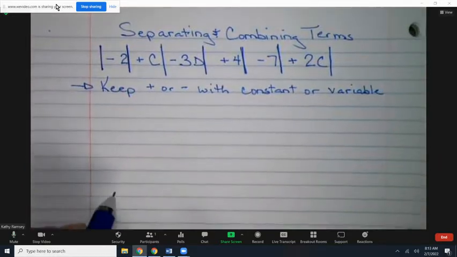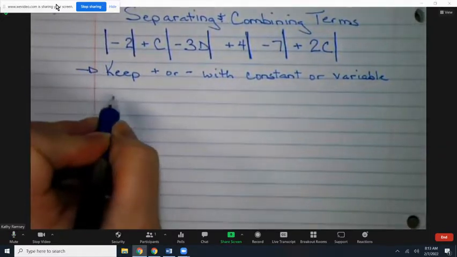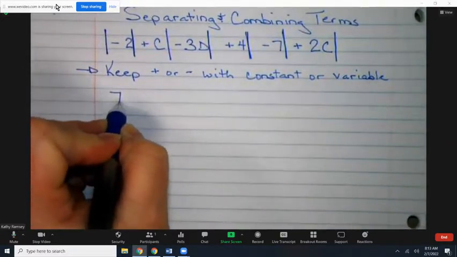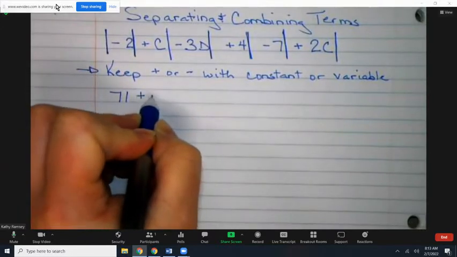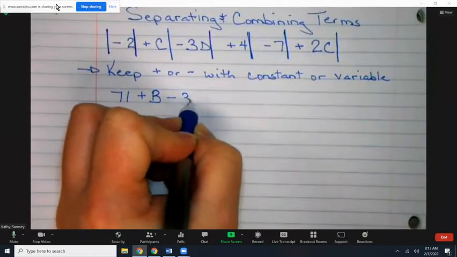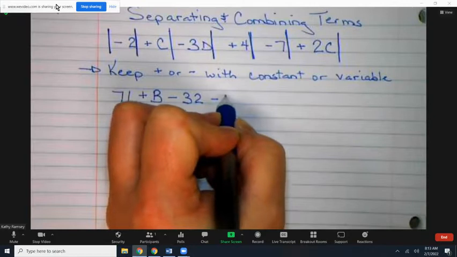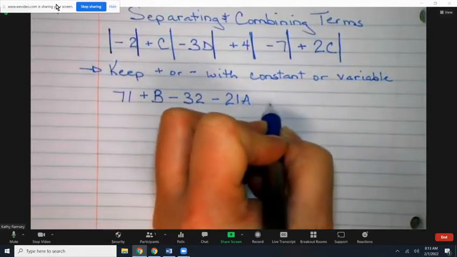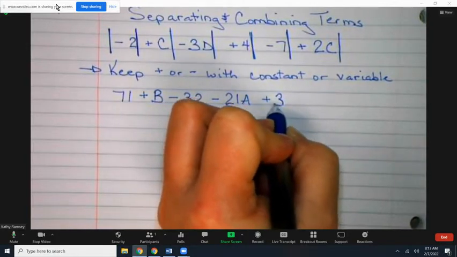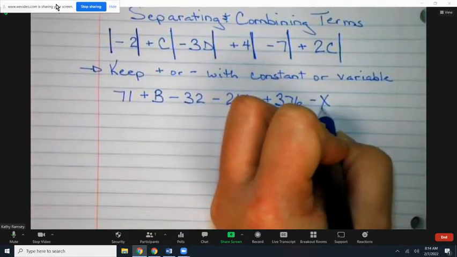But for right now, I want to do another separating. So let's go 71 plus b minus 32 minus 21a plus 376 minus x.